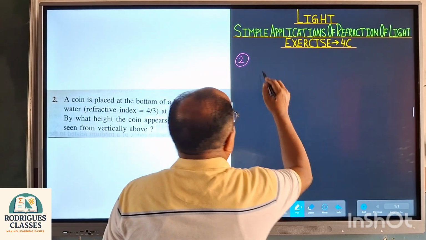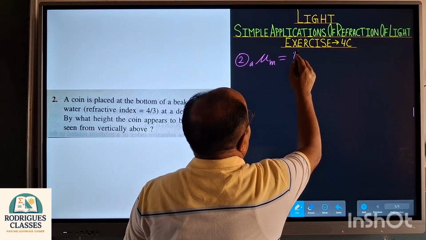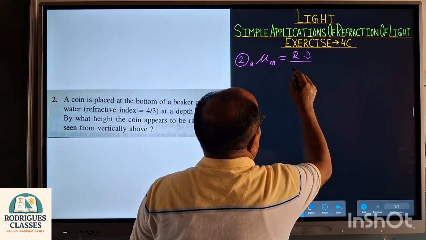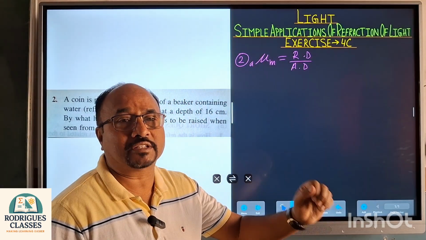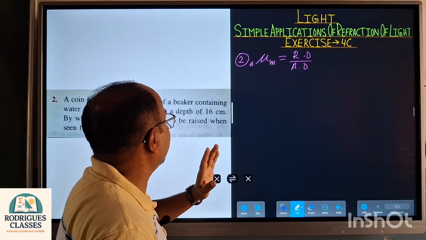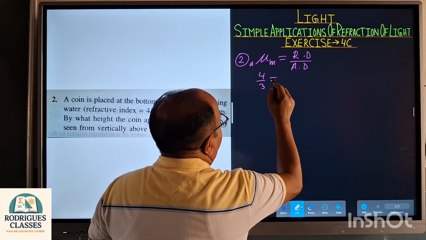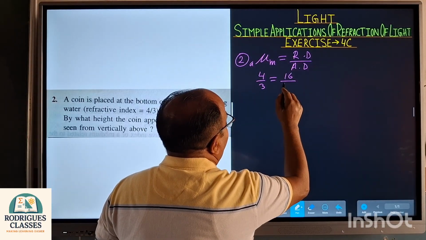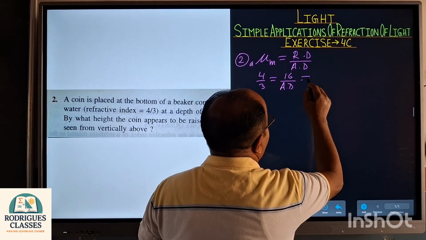Okay, so I go with the formula first. So I have written in short real depth as R.D. and apparent depth as A.D. So I know the refractive index here as 4 by 3. Real depth as 16 and apparent depth I don't know. So I will calculate that first.